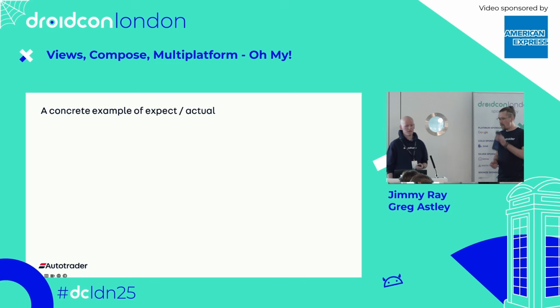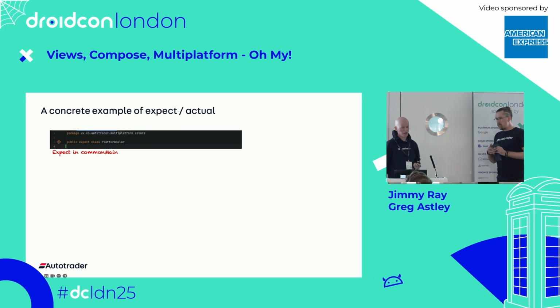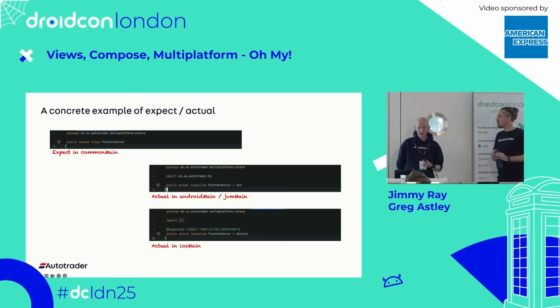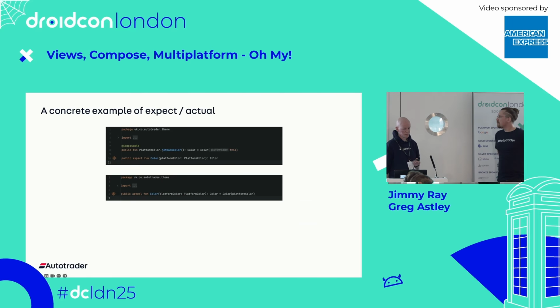A simple example of this was with some of our APIs that take color in both the new and legacy code. Color representation on Android is quite simple, regarded as an int. But for iOS, it's a little bit trickier. So we defined a platform color interface, which type aliases to int on JVM and Android, and the UI color on iOS. We then wanted to define an extension function, which will return a Jetpack Compose color.